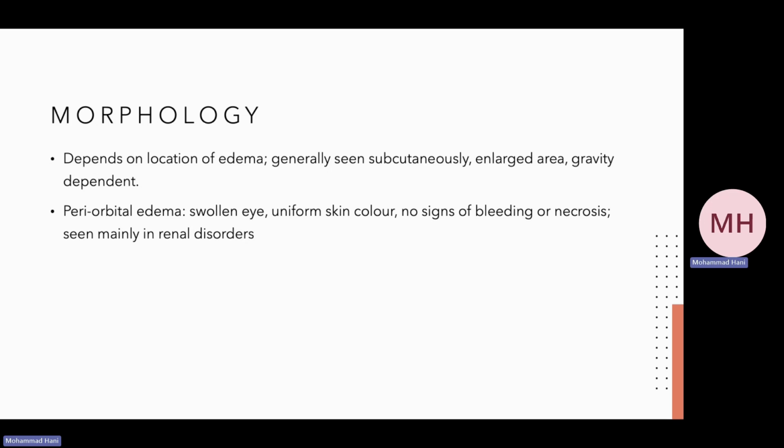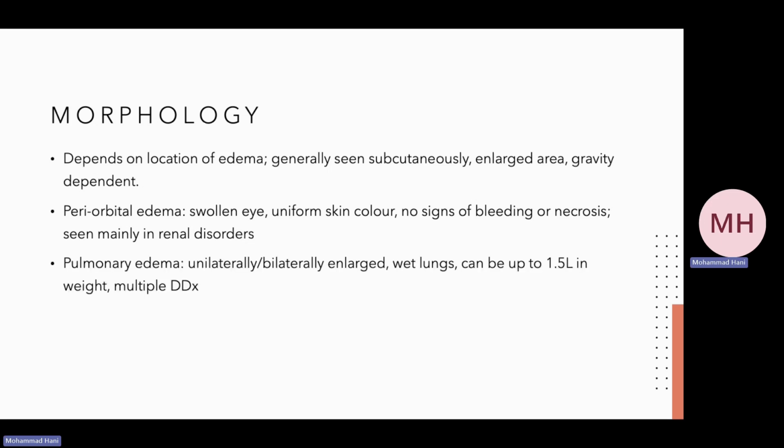Basically, you see a swollen eye, uniform skin color, no signs of bleeding or necrosis, and it's seen mainly in renal disorders. So if you see a patient who has periorbital edema, unilateral or bilateral, one of the main differential diagnoses should be any kidney disorders.